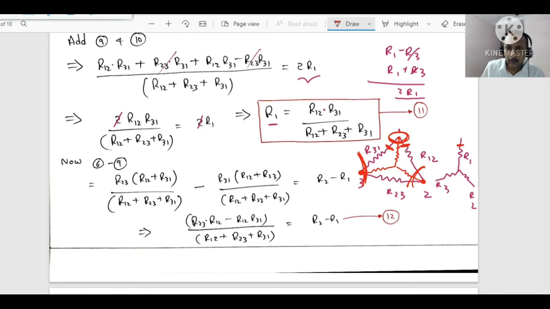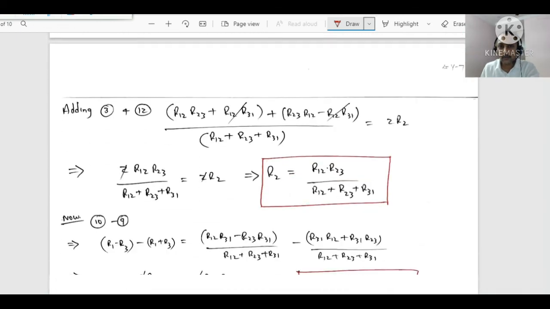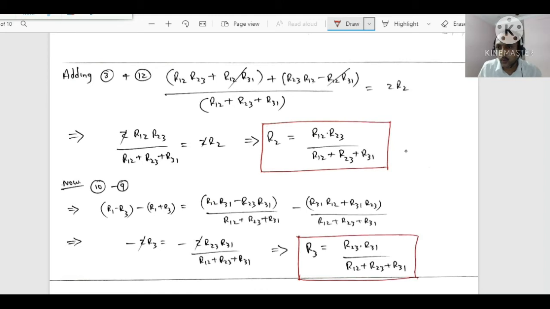right? Similarly, now if you do 6 minus 9, you will get R2 minus R1. And you just add up with 3. Adding with 3, you will get 2 times R2. Now we want the value of R2. This 2 gets cancelled. Now your R2 is R12 into R23 divided by R12 plus R23 plus R31, right?